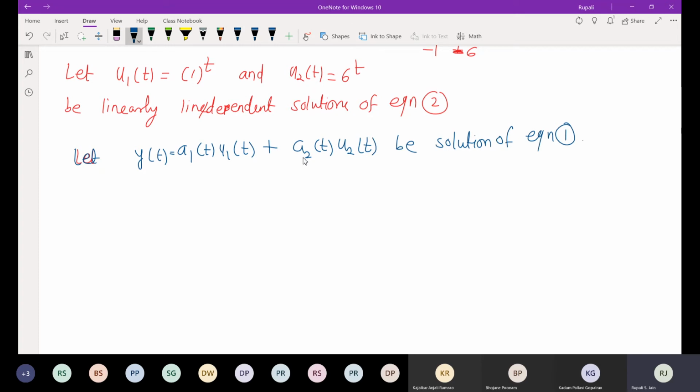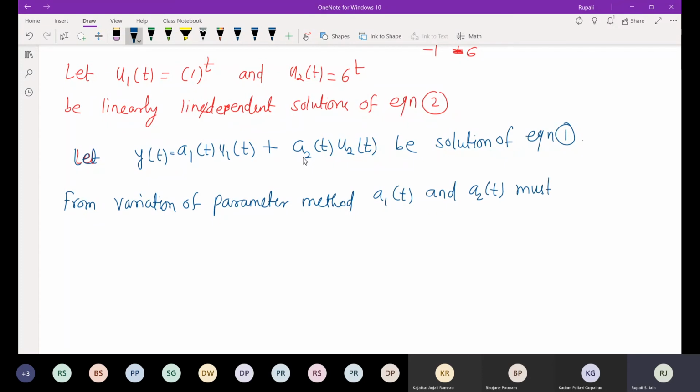We have seen in the method that a1(t) and a2(t) must satisfy equations 4 and 6, from the variation of parameter method.